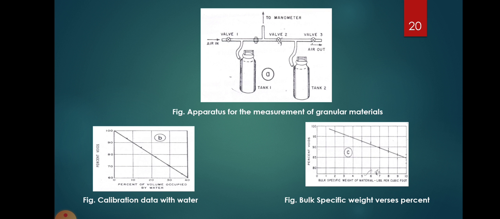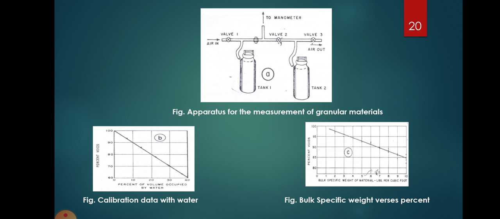To the horizontal pipe, two tanks of the same dimensions and same finishing are attached. Also, three different valves are placed on that horizontal pipe, and the two tanks are connected to the manometer in order to record the pressure.